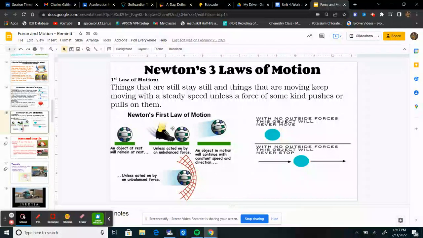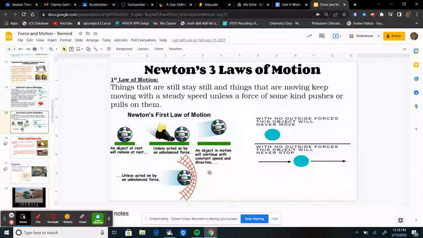And then we have our interference, our outside force, where the soccer cleat is being kicked towards the soccer ball, which creates an unbalanced force. And so the object in motion will continue at that constant speed and direction until an outside force acts upon it.